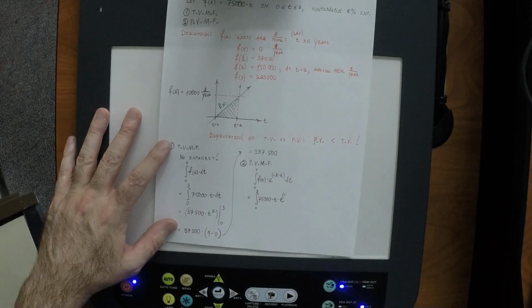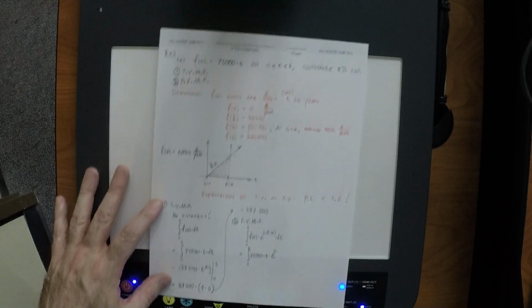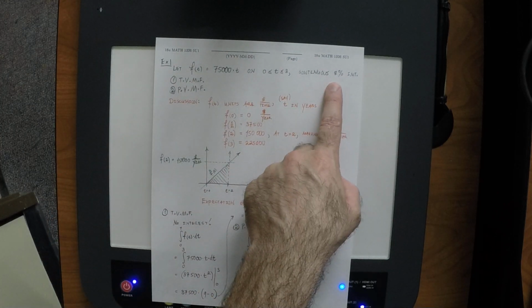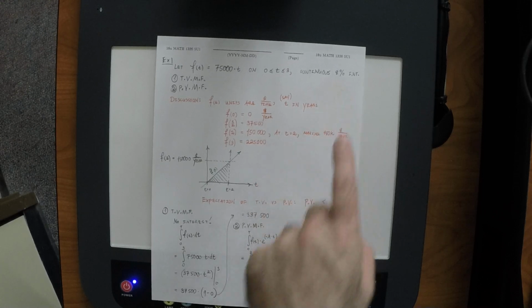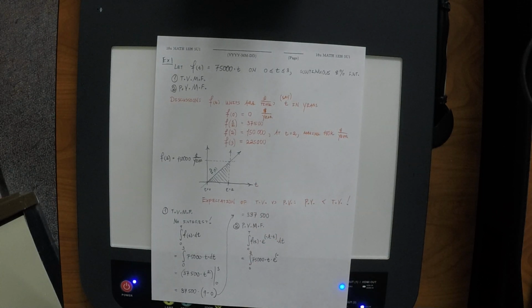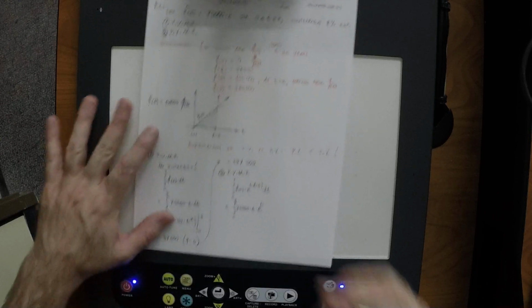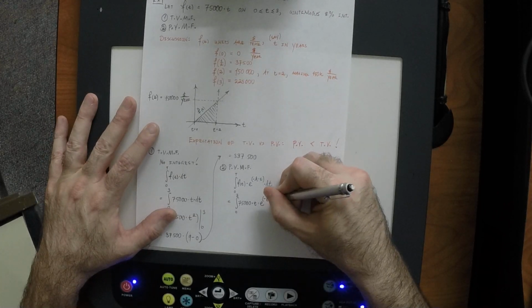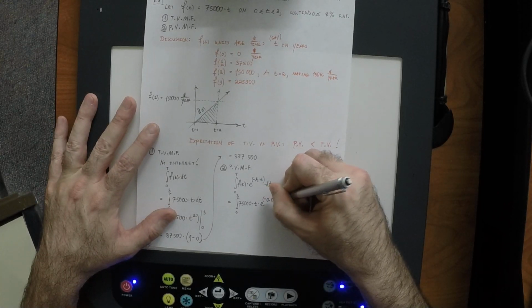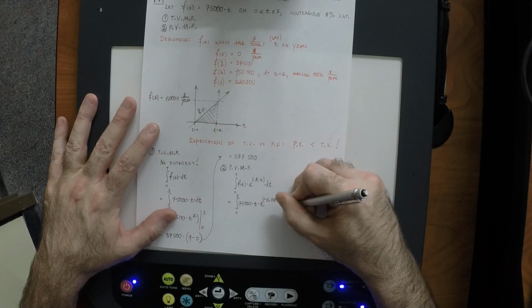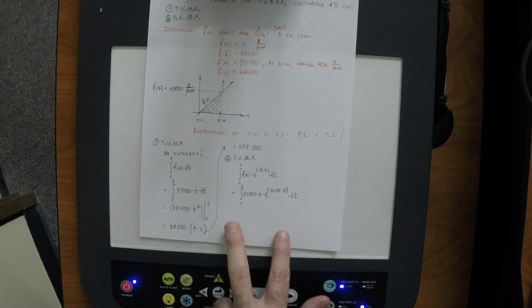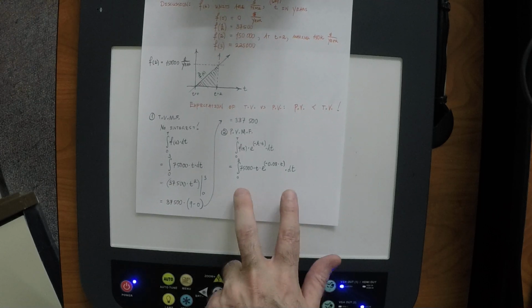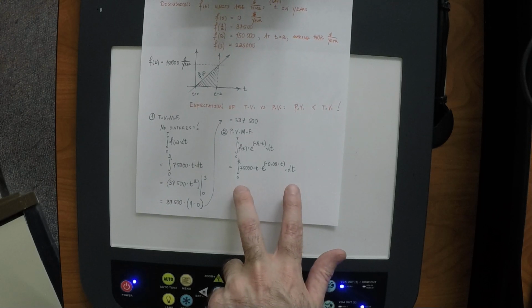Now, in this problem, what's r? 0.08, because it's a continuous 8% interest, and you have to remember that r has to be a decimal, so 0.08, times t, dt. So in the end, to finish the question, we have to answer this.